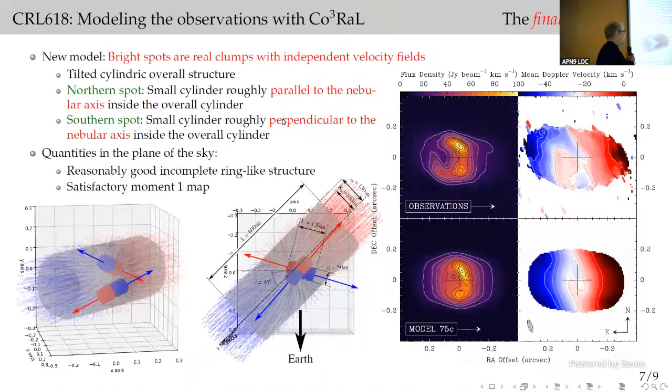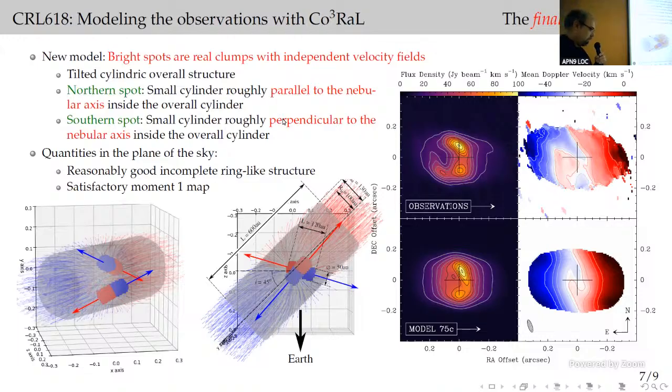So we tried to model the emission with the radiation transfer code Coral, which has been used in the past in a very successful way. We tried many different models, and finally we found one of them that reproduces most of the features in the observations.